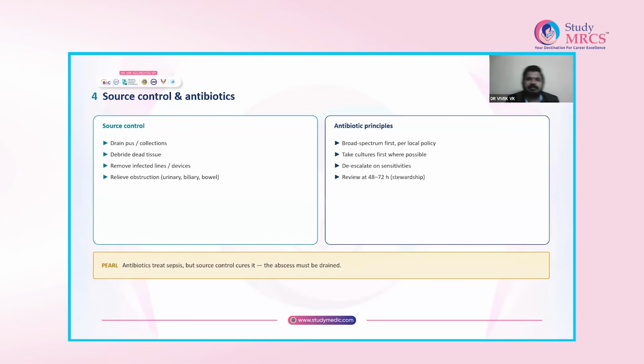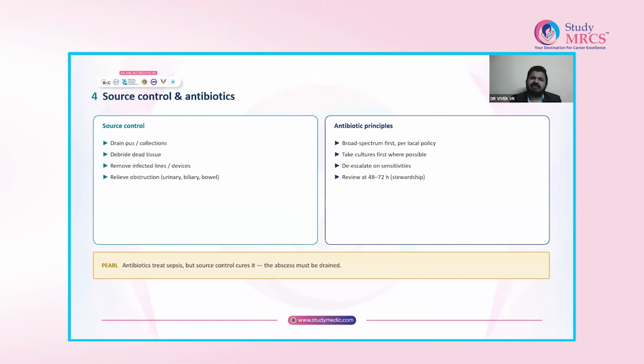So regarding the antibiotic principles, in any sepsis condition, you have to give the broad spectrum antibiotic first. That is, you have to say, I will give the antibiotics according to the local trust policy. And before giving antibiotics, obviously I have already told you, you have to take the blood culture whenever possible.